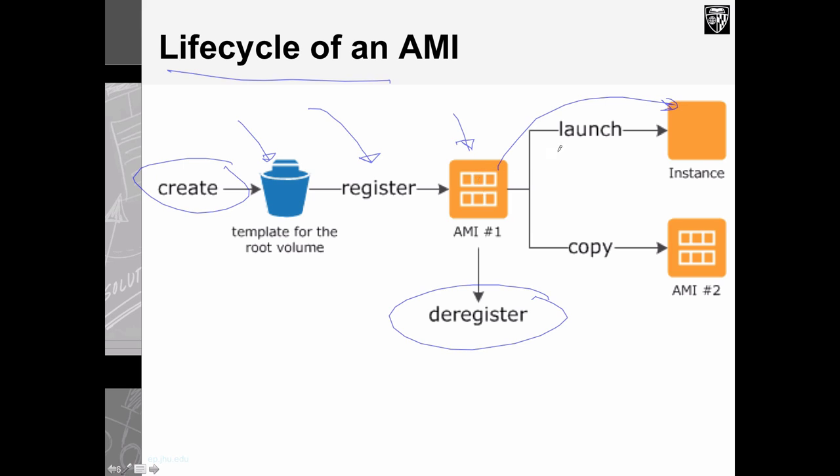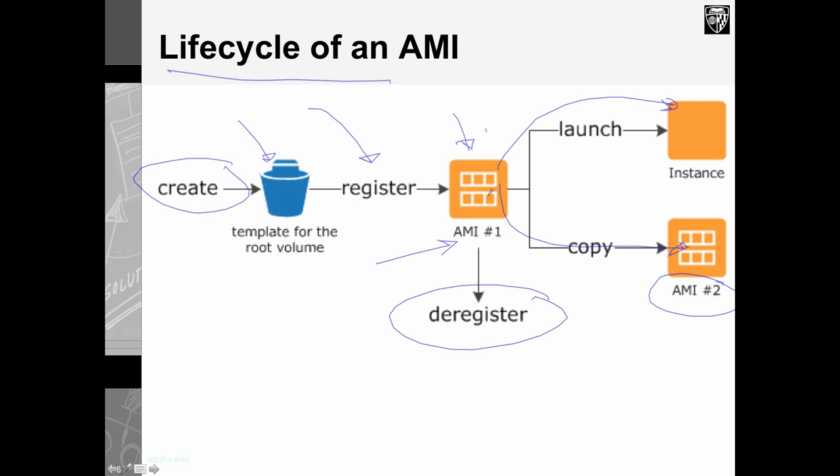And let's say you have this AMI in region 1. If you want to use that same AMI in a different region, you have to copy that AMI to that region. And when you copy that AMI to a different region, you'll get a different ID. So in a sense, this AMI ID is tied to that region.